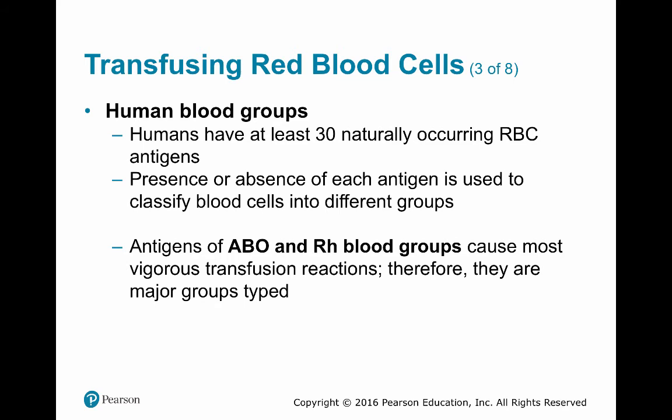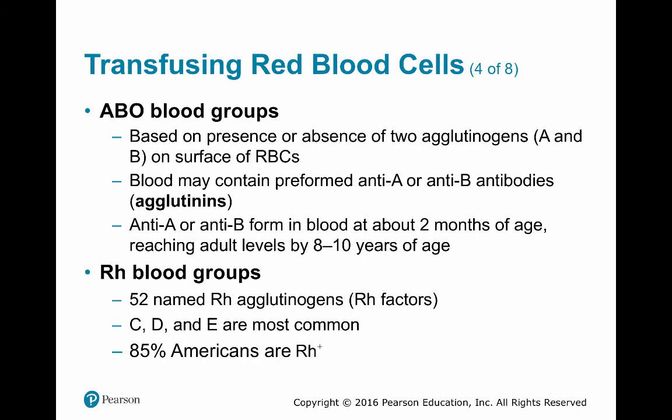RH is a D binding site. They cause the most rigorous transfusion reactions, as in your body attacking the blood if it doesn't recognize it. So they're the major groups that we type. It's based off of two of these antigen surfaces, A and B, and then that's what's known as anti-A or anti-B. Antibodies will be made against the respective antigens.